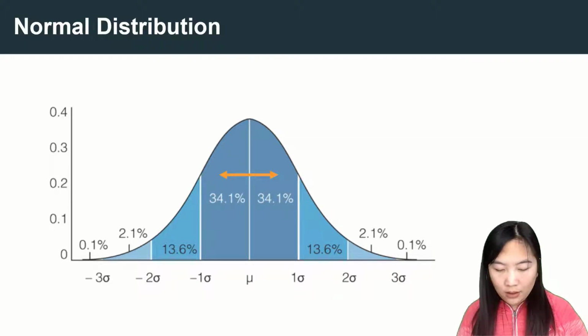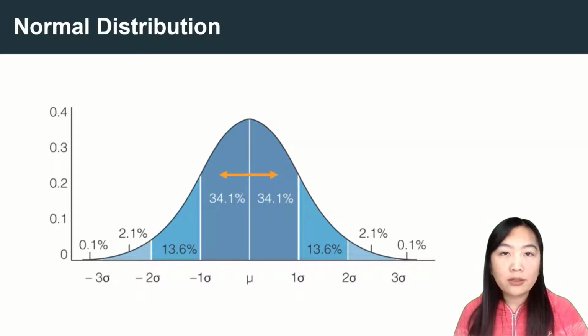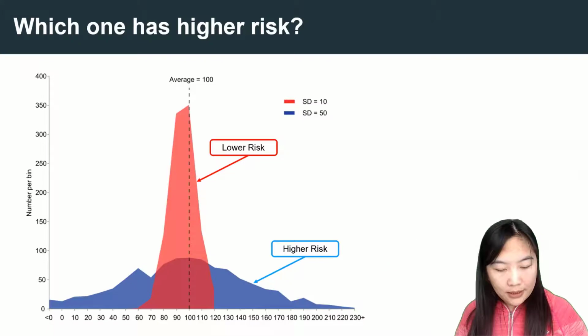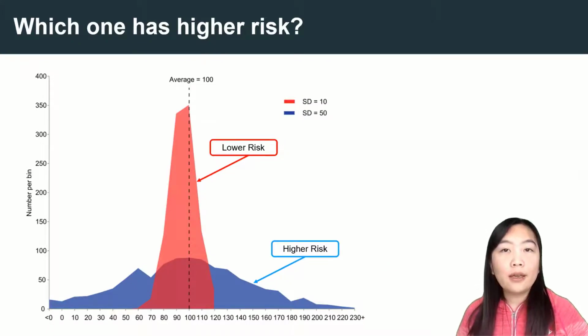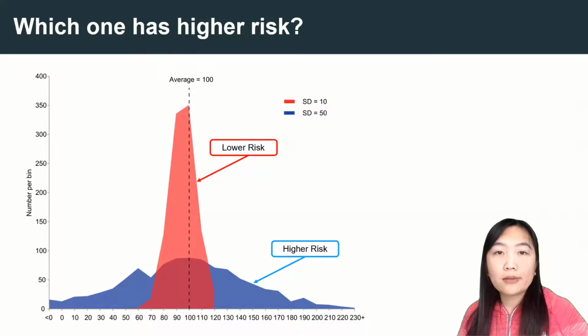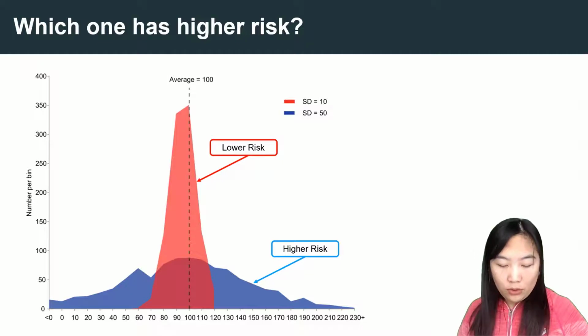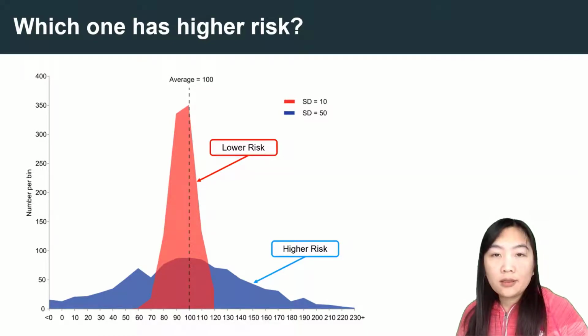I will come back to this normal distribution graph after I introduce the mathematical calculation of variance and standard deviation. But here, just to give you a feeling of what is a greater risk, I have two different distributions, the red one and the blue one.